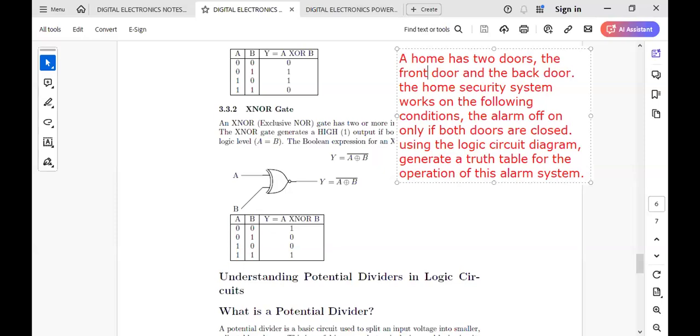The home security system works on the following conditions.